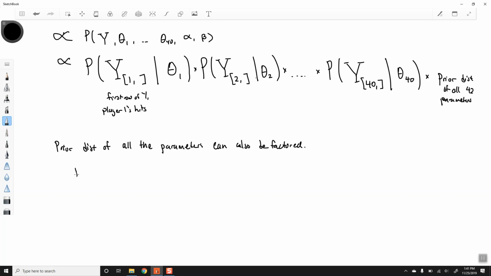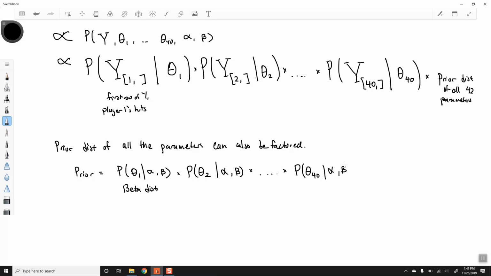We're going to say the prior will be equal to theta 1 depends on alpha and beta, which is going to be a beta distribution, times the probability of theta 2 depending on alpha and beta, all the way up to the probability of theta 40 coming from alpha and beta.